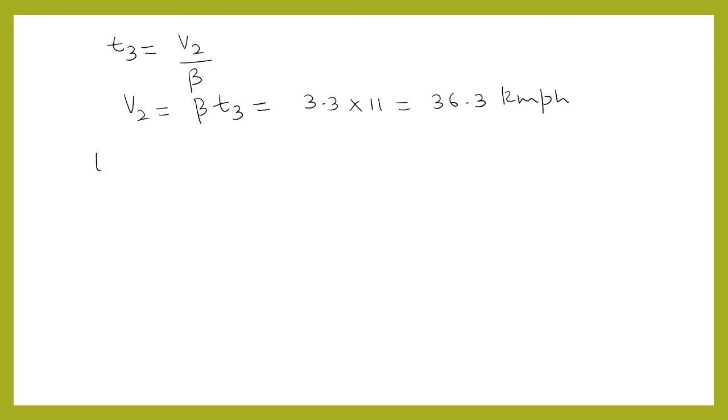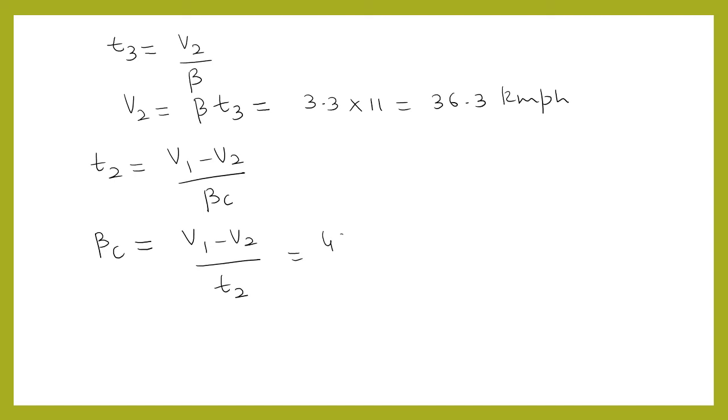We have the time for coasting period T2 equal to (V1 minus V2) by beta C. Therefore, the coasting retardation beta C is equal to (V1 minus V2) by T2, that is (48 minus 36.3) by 69. We get the value as 0.19 kilometer per hour per second.